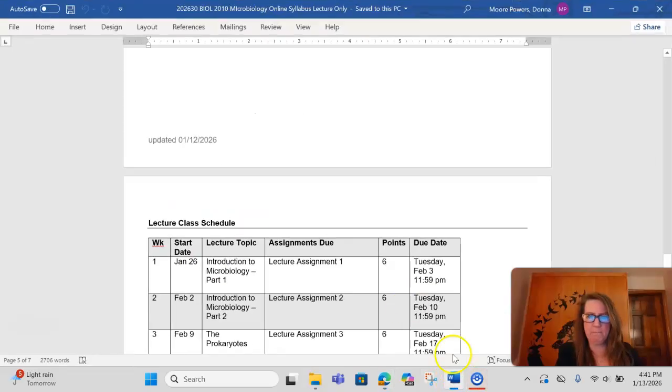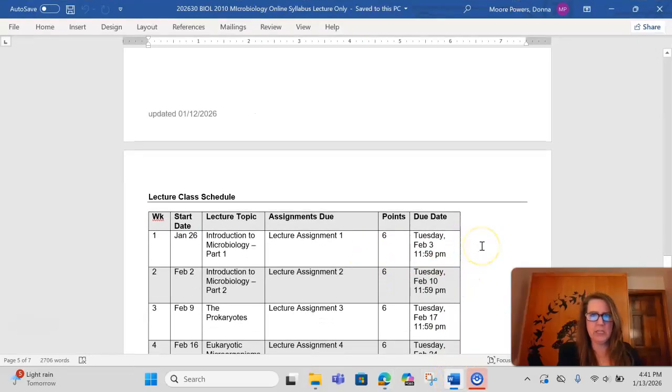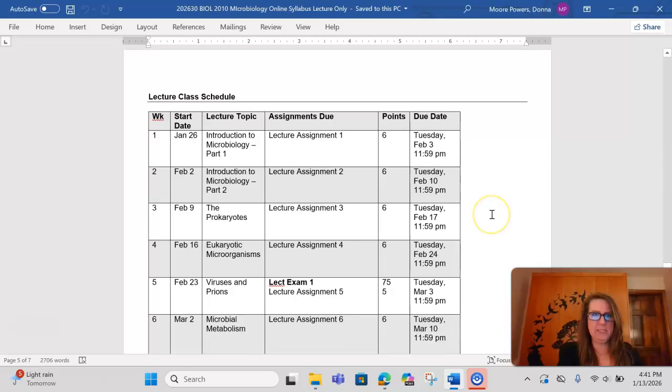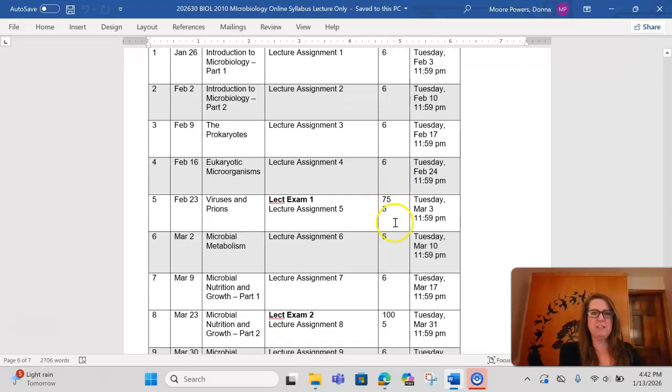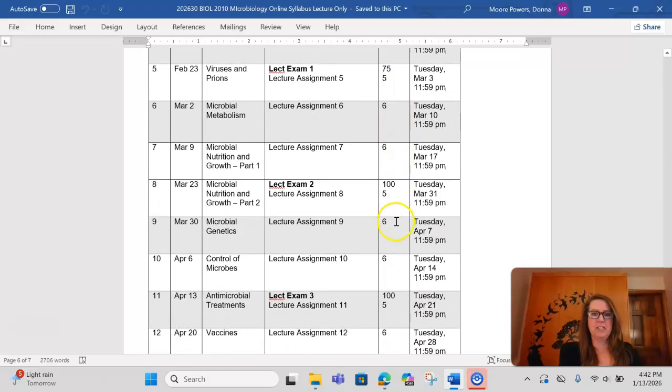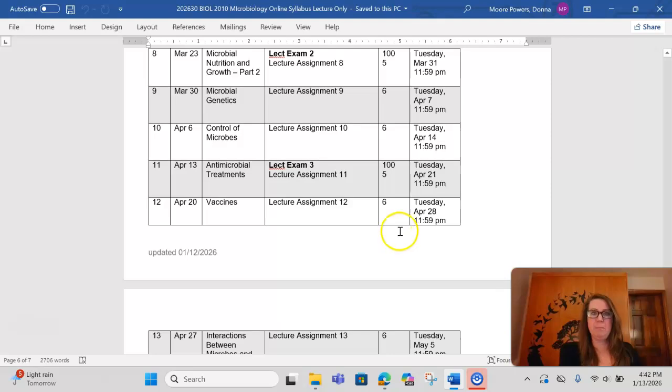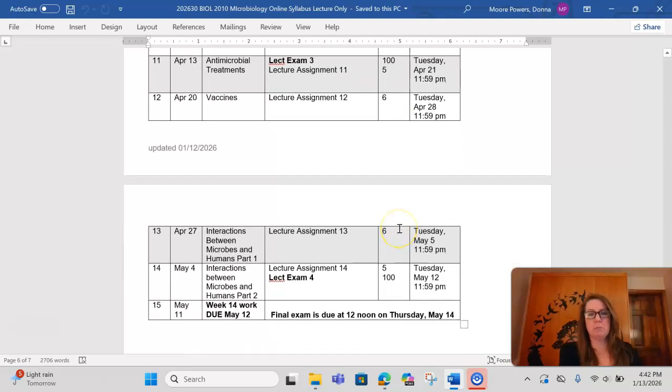Let me show you quickly the syllabus. You can see that each of these lecture assignments is going to be roughly 5 to 6 points. Okay, so you can see those points there. If you miss a lecture assignment, you miss the points. We will have something like 835 points, somewhere around there, the whole semester.